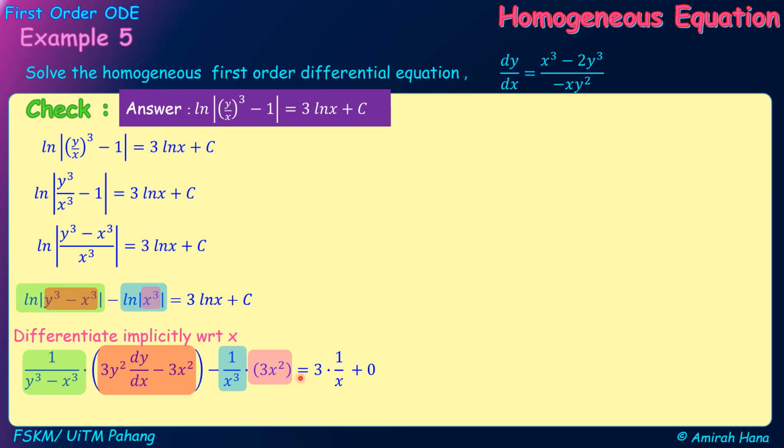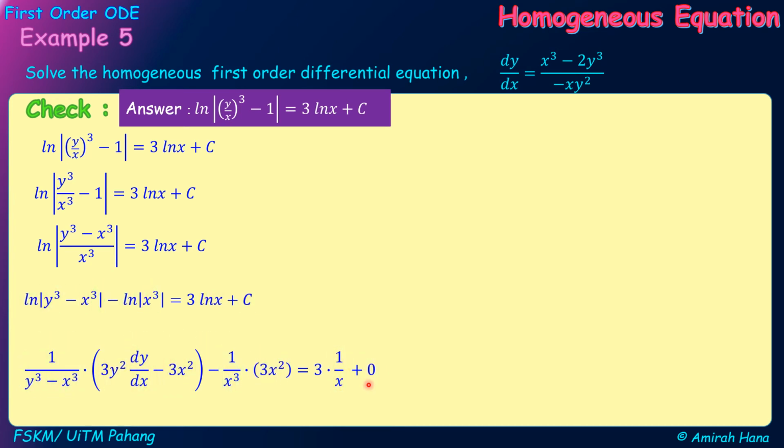And then equals, when we differentiate 3 ln x, we have a constant 3 in front, and we differentiate ln x to get 1 over x. And then plus, differentiating any constant, the answer equals 0.